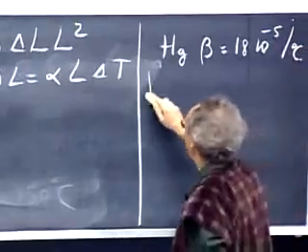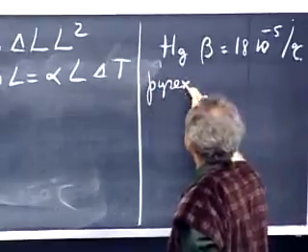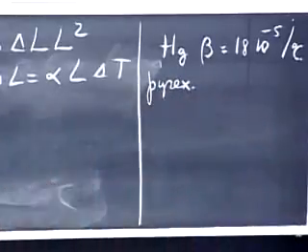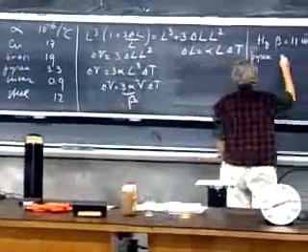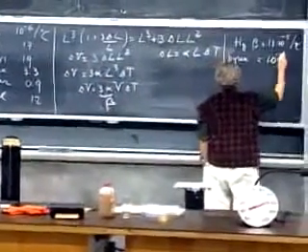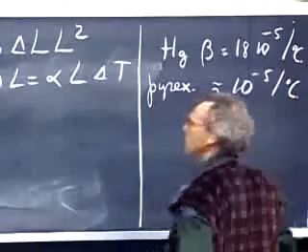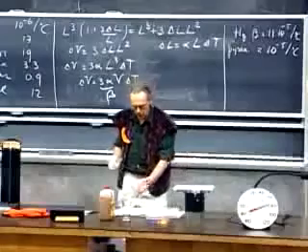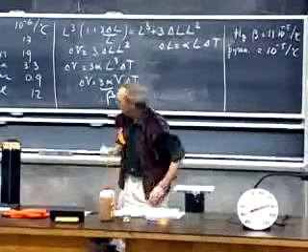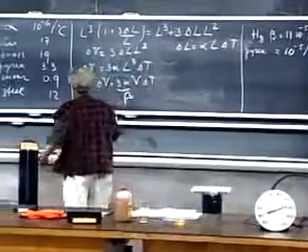If I compare that with Pyrex, you have to take 3 times this value, so that's very roughly 10 to the minus 5 per degree centigrade. And so now you begin to smell the idea of a mercury thermometer.